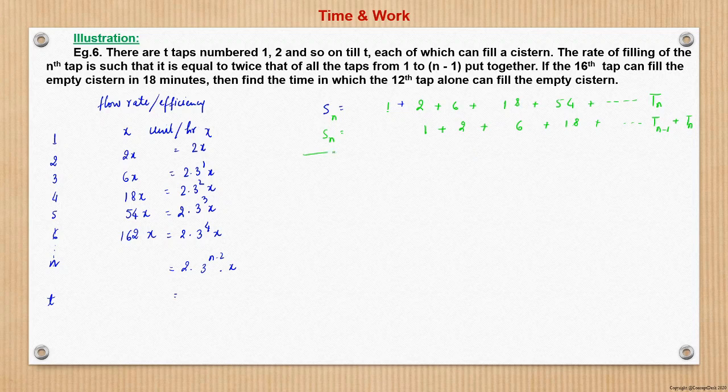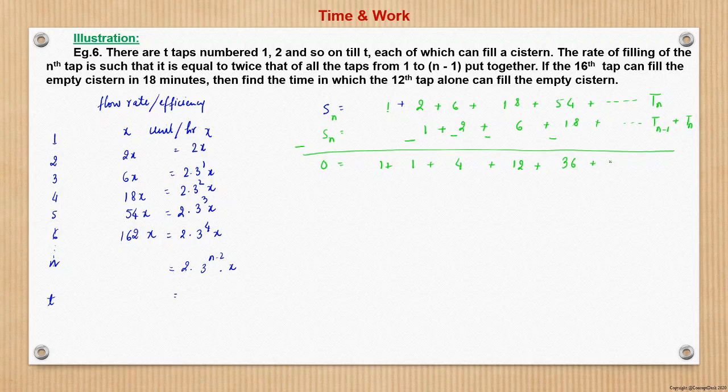Now I subtract the second equation from the first. So this becomes 0. 0 is equal to 1, plus 2 minus 1 is 1, 6 minus 2 is 4, 18 minus 6 is 12, 54 minus 18 is 36.